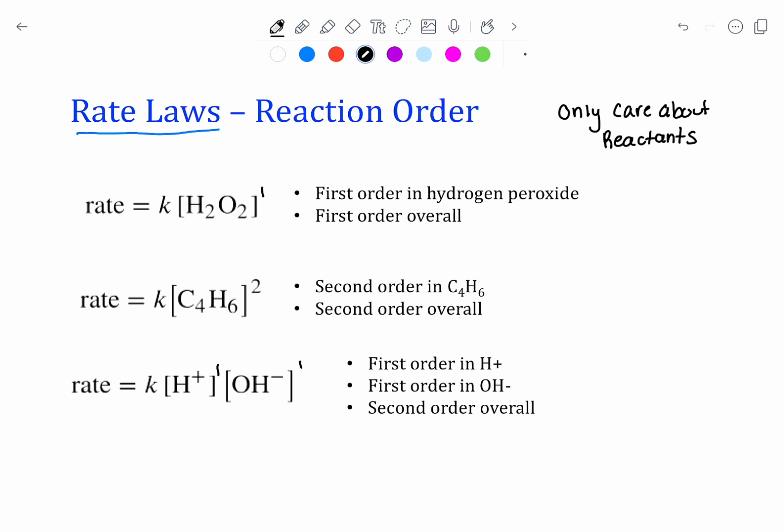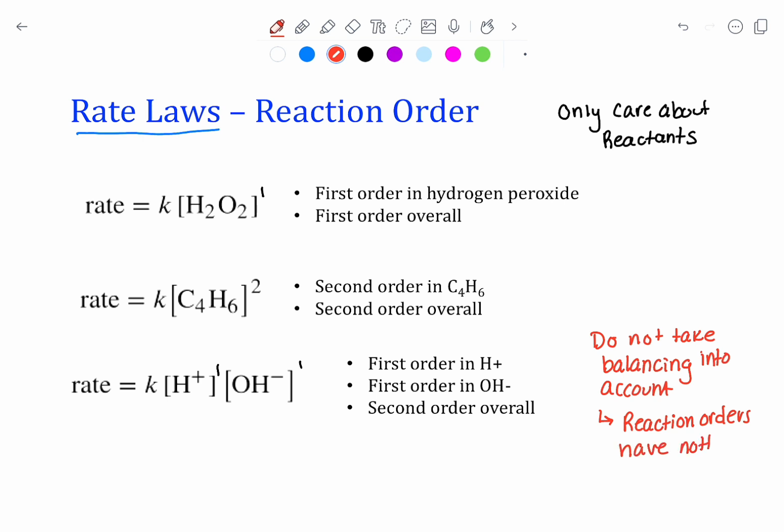And what I want to make clear about reaction orders and rate laws is, again, we do not take balancing into account. So our reaction orders have nothing, underline that because it's important, nothing to do with our stoichiometry, our stoichiometric coefficients.